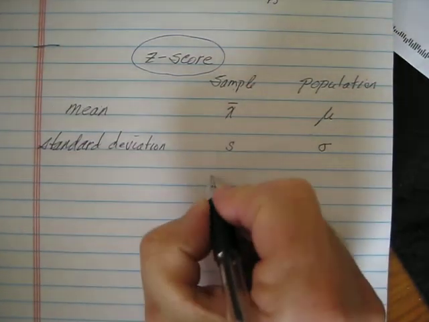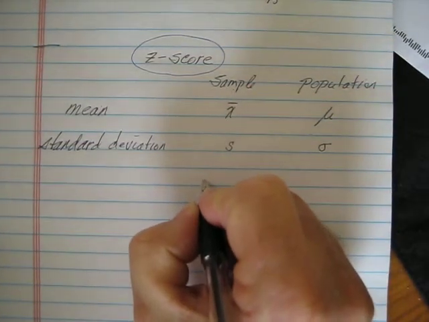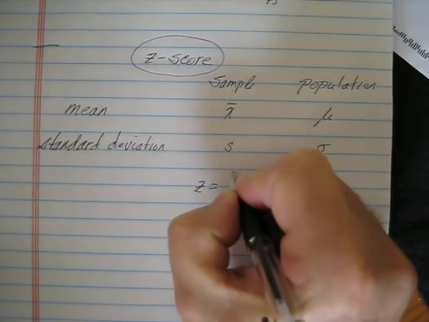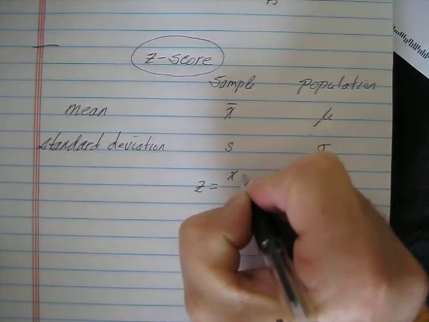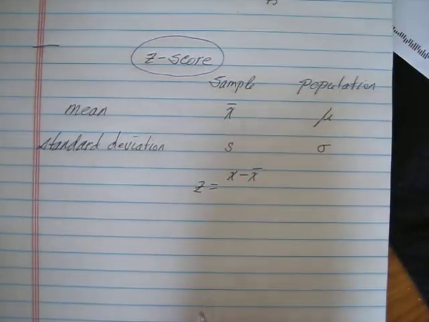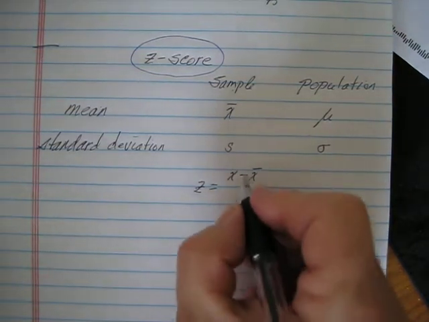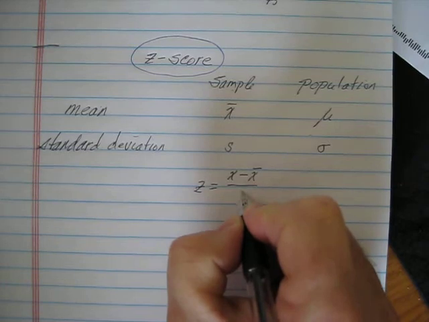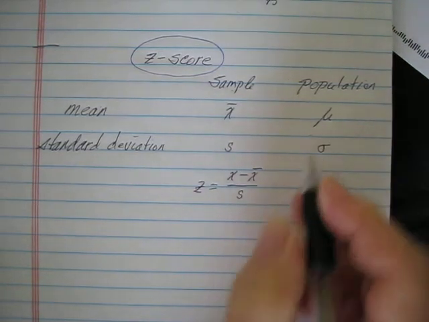So the Z-score is calculated in the following way. z is equal to the particular score you're looking at, x, minus the mean, in the case of a sample, the sample mean, divided by the standard deviation. Now let's look at what that means.